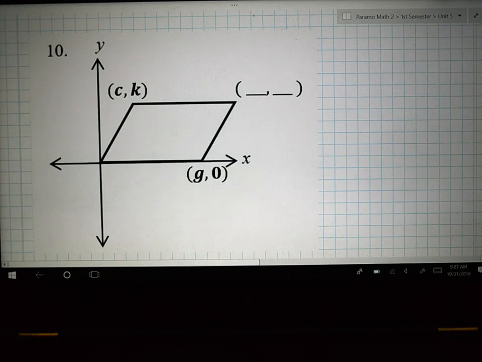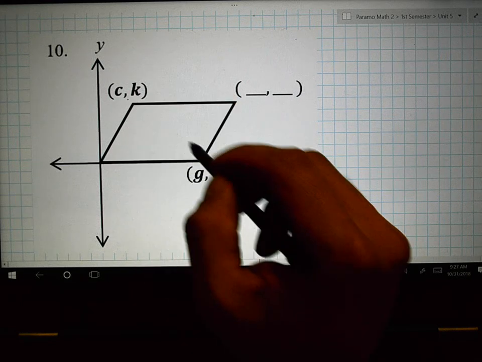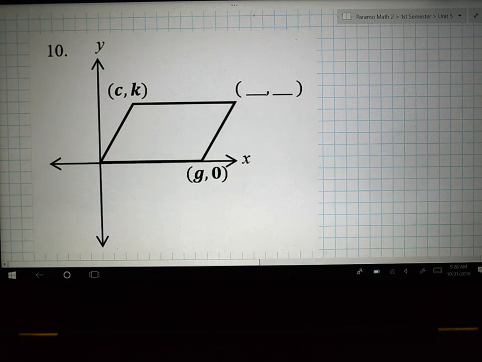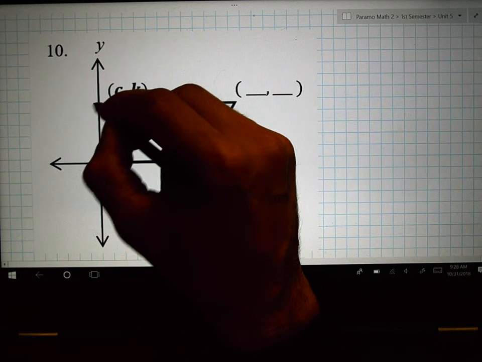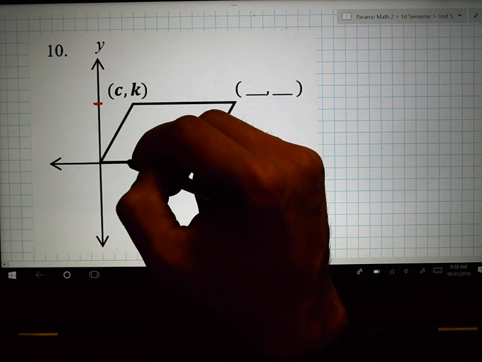So then I decided, let me pick one that's a little bit harder. Something that they're going to have to know something about a parallelogram in order to be able to answer. They give you this point, they give you this point, but they ask for this other point that's out here. The vertical distance is easy to figure out because I know that the vertical distance from here to here is the same as it is from here to here.